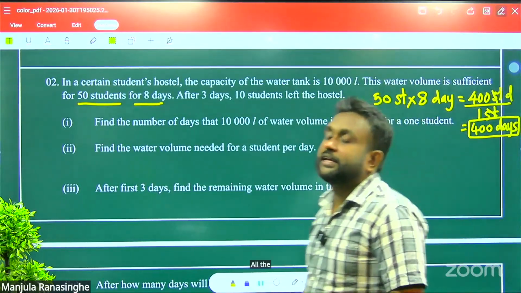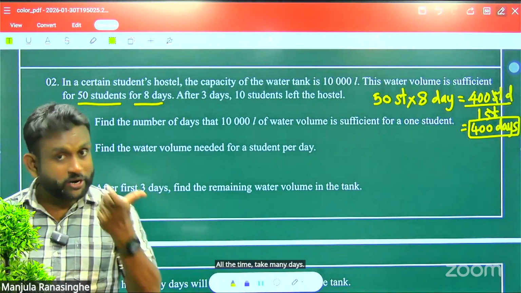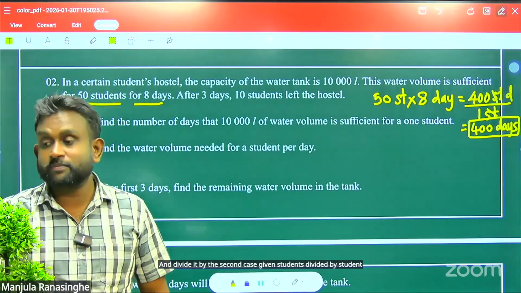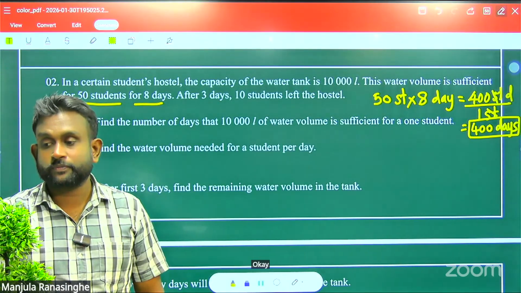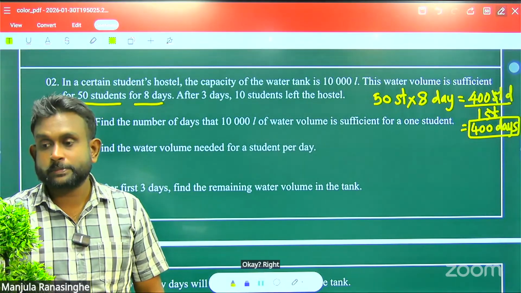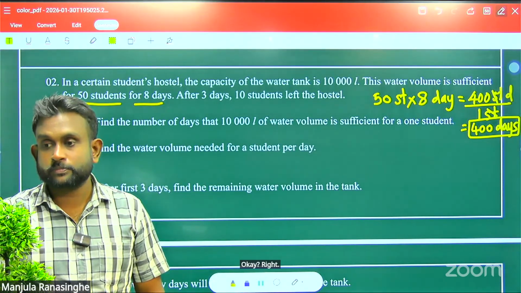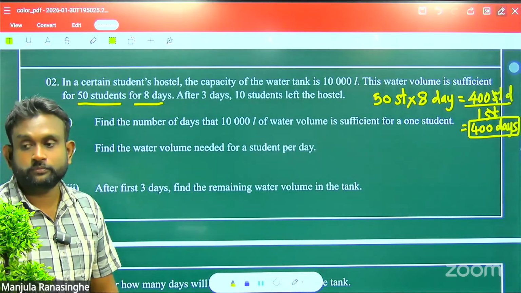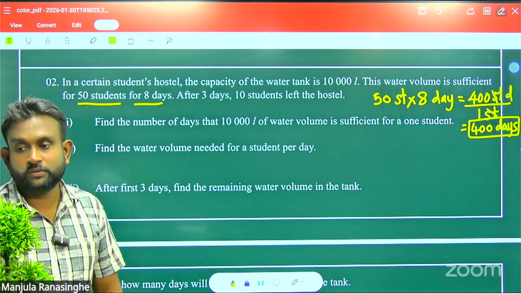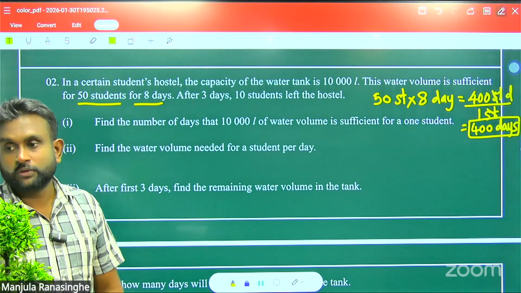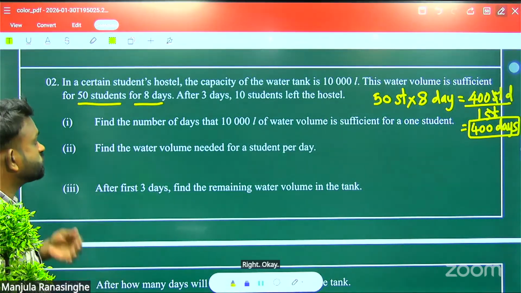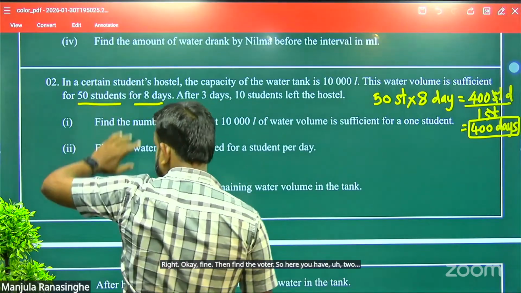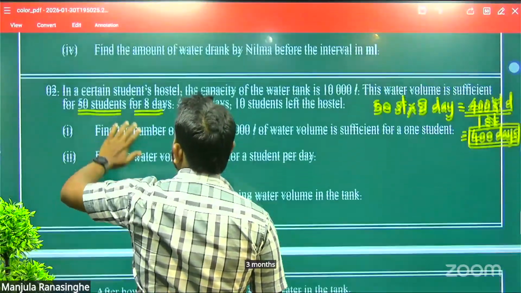All the time, take students into days, the product, and divide it by the second case given: students divided by students, given days divided by days. Right. Okay, fine. Then find the water. So here you have 3 marks there.